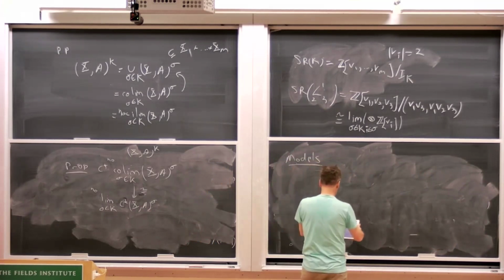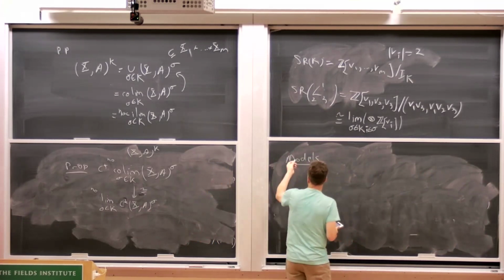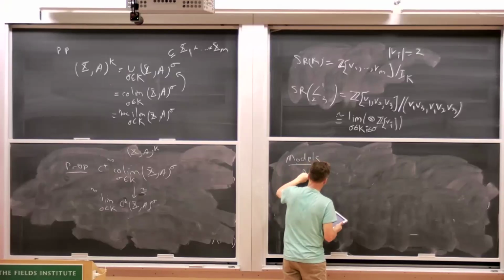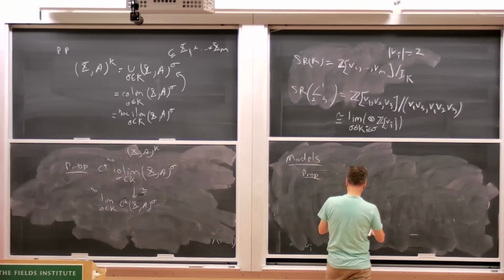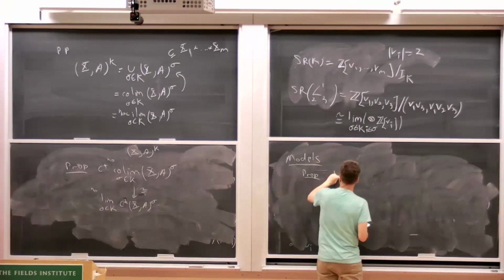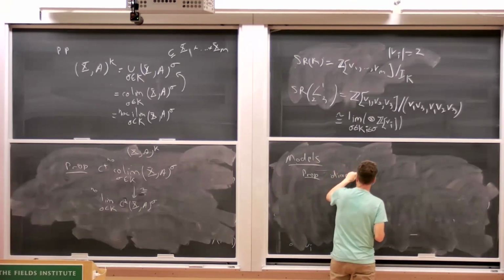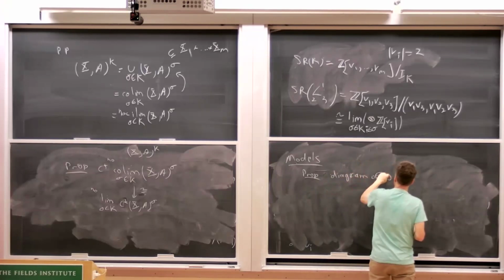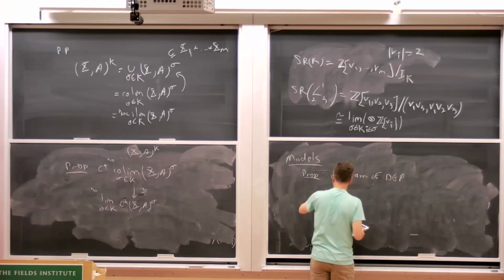So the theorem, or proposition say, is if we have a diagram of DGAs which looks like this.